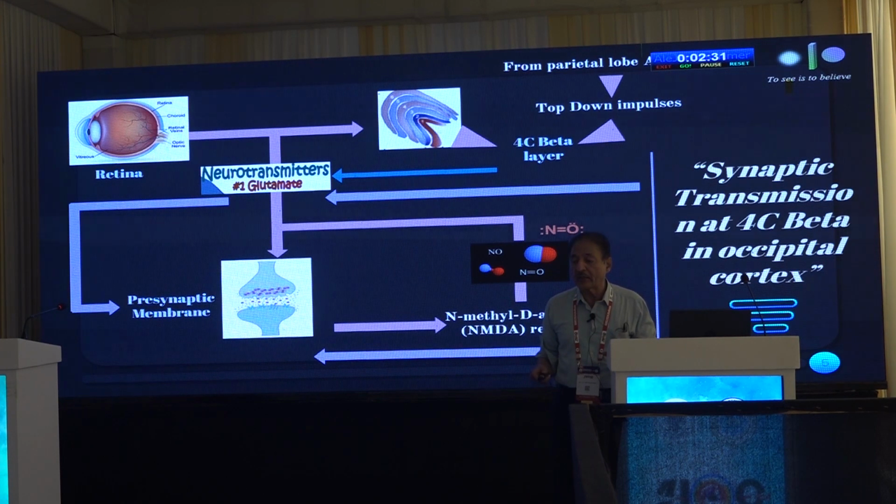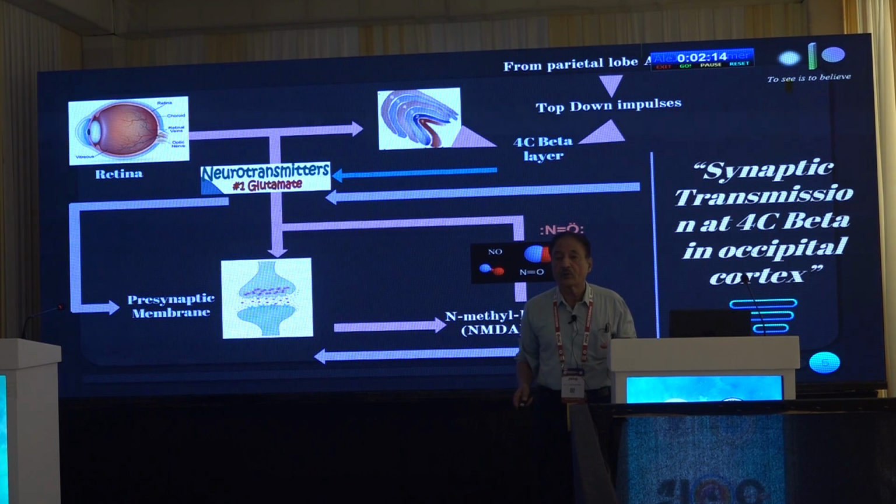See, this is where it becomes very tricky in order to understand the synaptic transmission at 4C beta, which is the problem. The problem may be because glutamate is not released, or maybe because a small amount of glutamate is released, or the glutamate released is not of very good quality. All these things can be a cause of decreased vision.